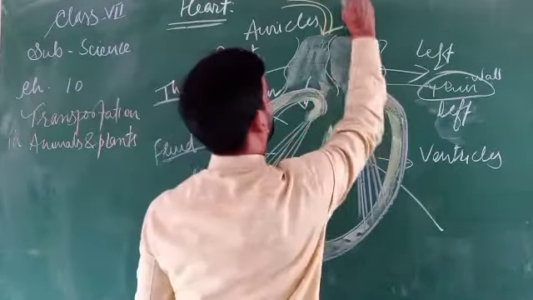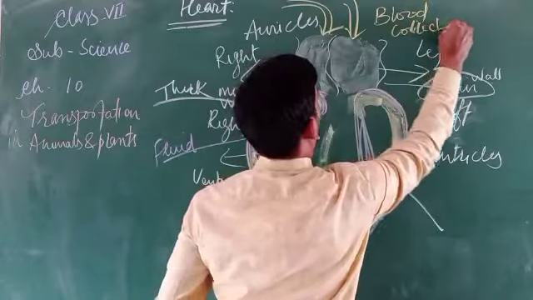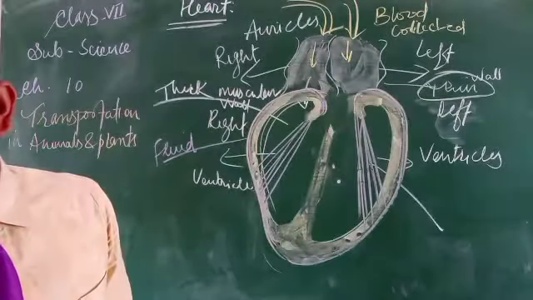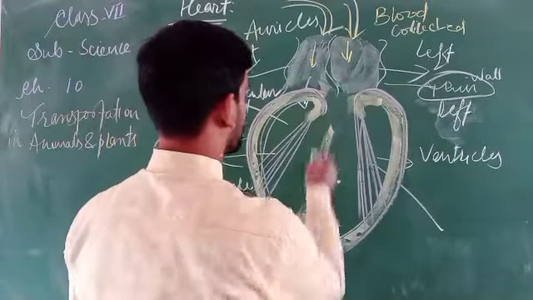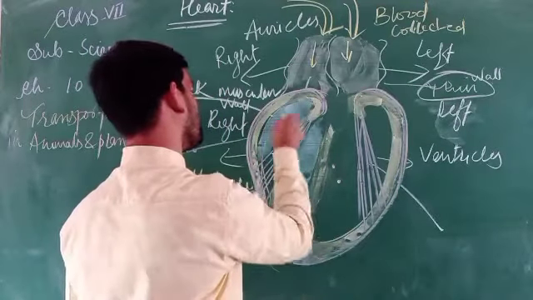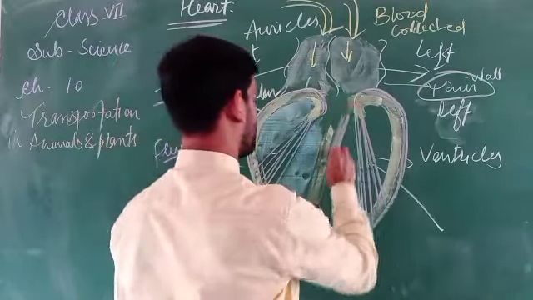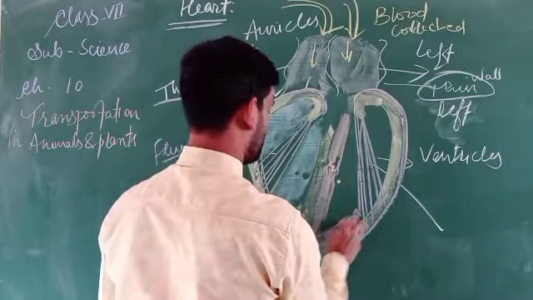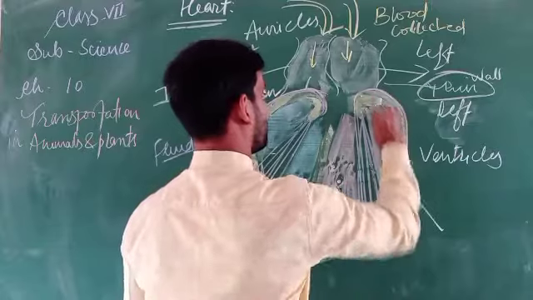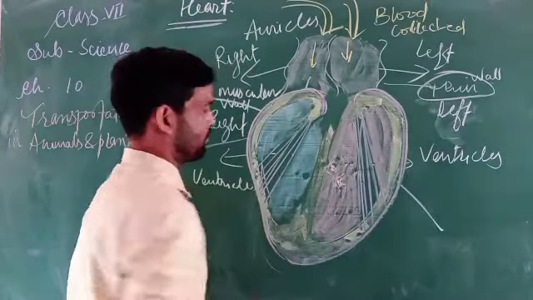The blood is collected from both auricles, and hence it reaches the different parts of the body. Like this.